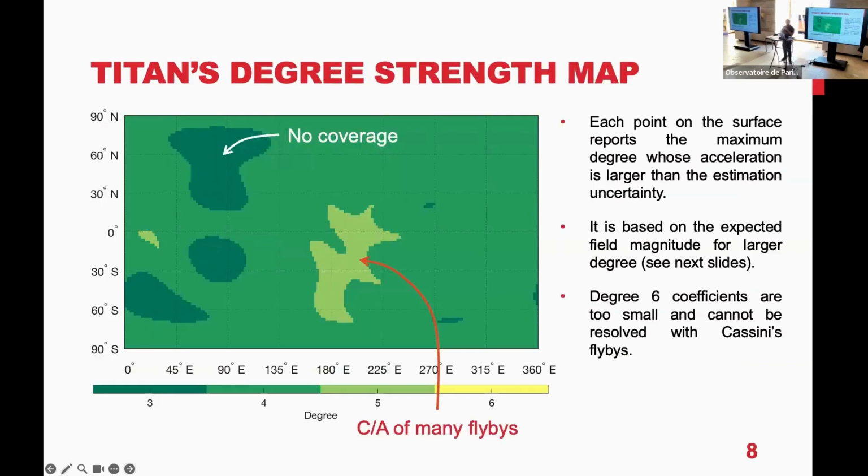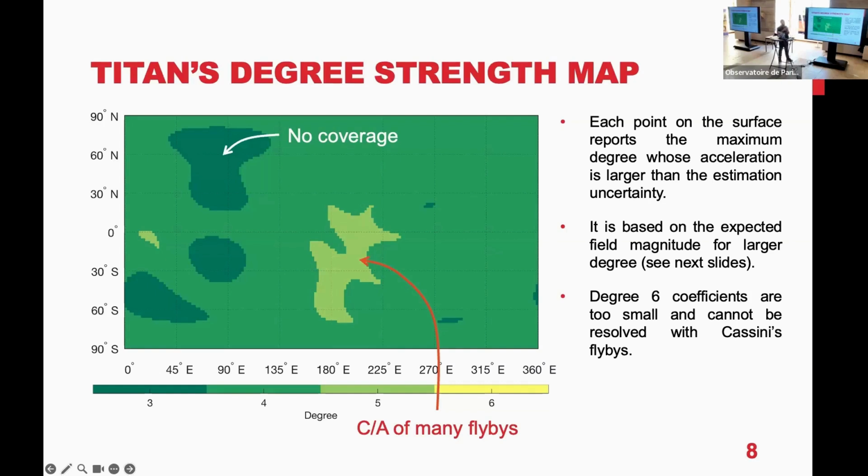This can be seen also in terms of a degree strength map, which is a map in which each point represents the maximum degree whose expected acceleration is larger than the corresponding uncertainty on that point. So you can see that indeed the dark green regions corresponding to degree 3 are the regions where we essentially have no coverage from Cassini, so the resolution is indeed lower.